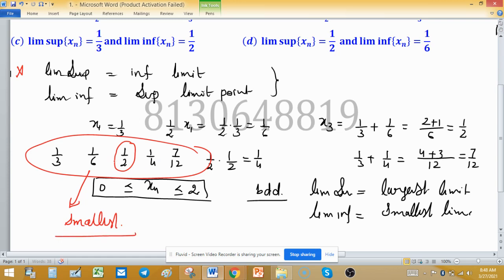I am not saying in all terms it is 1 upon 6. This is by trial and error. 1 upon 6 is smallest in these few terms. So the possibility of limit inferior is 1 upon 6, and limit superior is 1 upon 2.